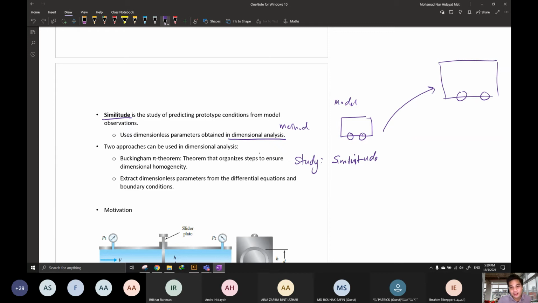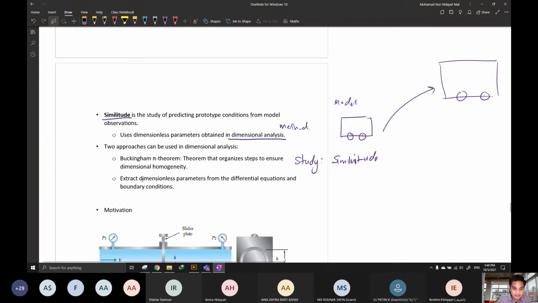For this course, we are going to discover the first part only, the Buckingham Pi theorem. It is the step-by-step approach in order to get the solution for the dimensional analysis.